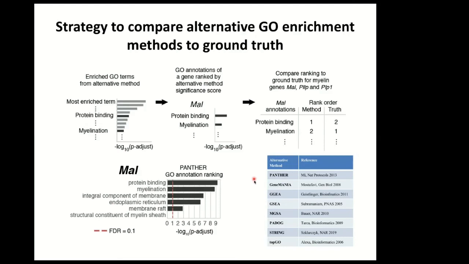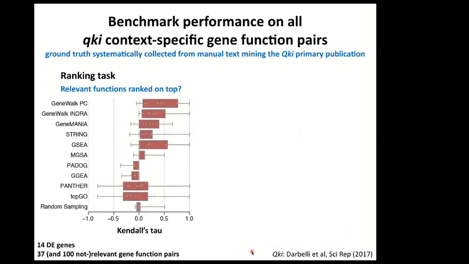And so we did this systematically, comparing with 8 other methods. We extended this benchmark beyond MAL to a systematic benchmark that we created based on the published literature. So we looked up all the genes that were listed in that paper and all the functions that were mentioned in the paper related to those genes, so that we get a systematic benchmark and then compare each method.